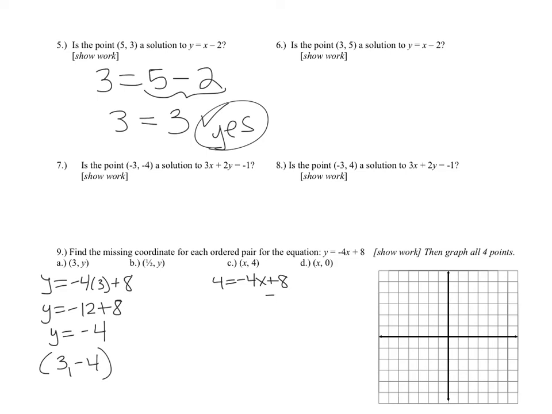I'm going to subtract 8 from both sides. 4 minus 8 is negative 4 equals negative 4x. Then I divide both sides by negative 4 to get x alone, and I get 1 equals x. So the answer to the question is x equals 1. But if I want to write that as an ordered pair, that would be the ordered pair (1, 4).